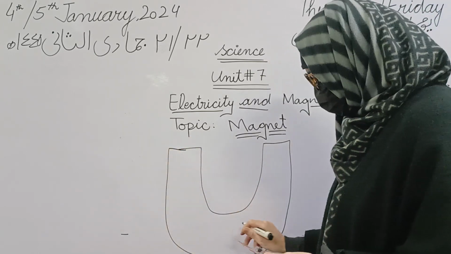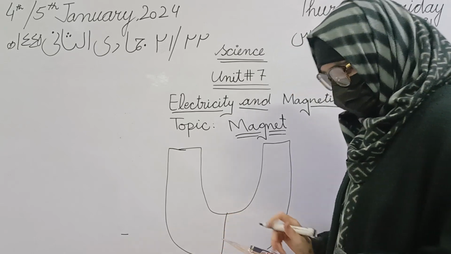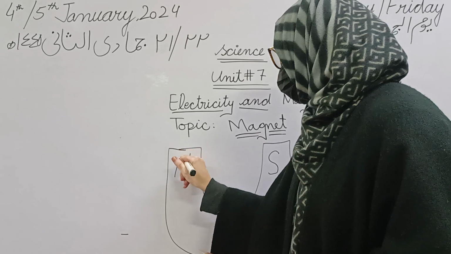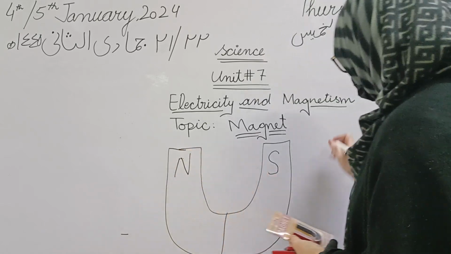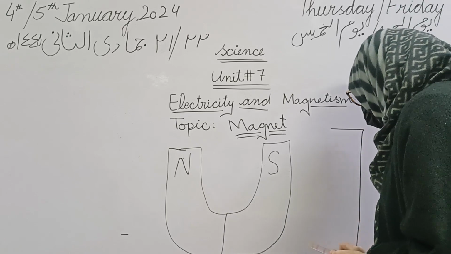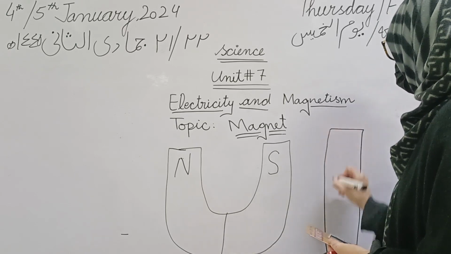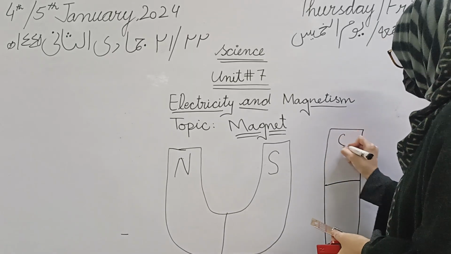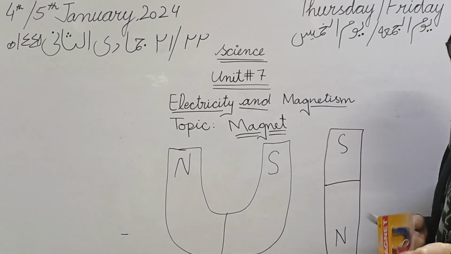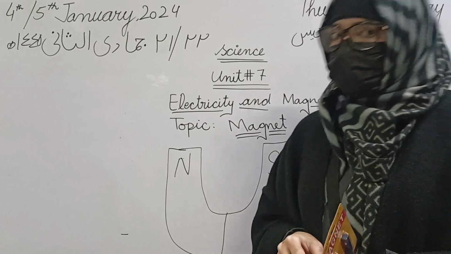What do you think? Exact, yes. Here is S and here is N. We call it U magnet. Now look here. This is a bar magnet.